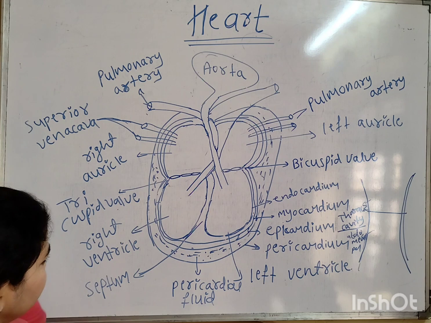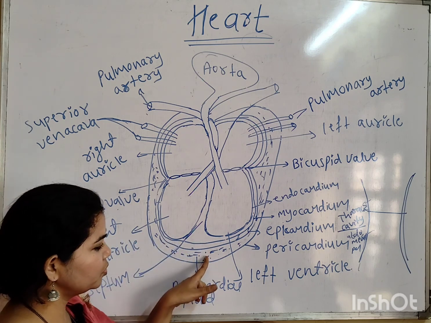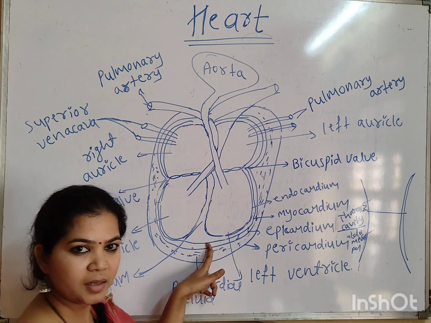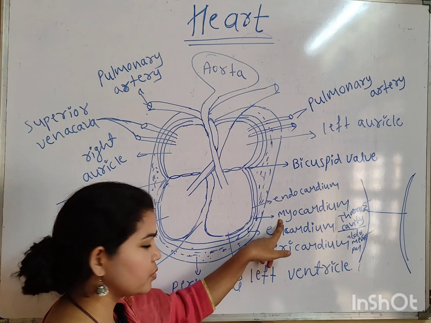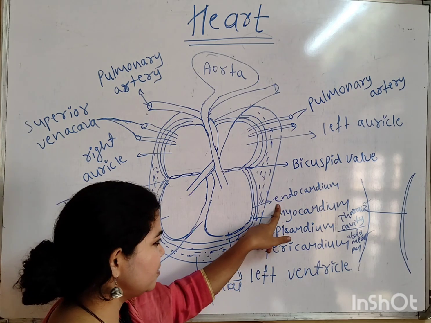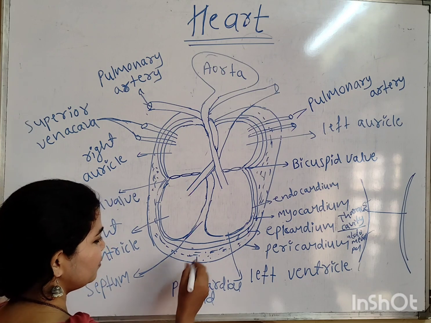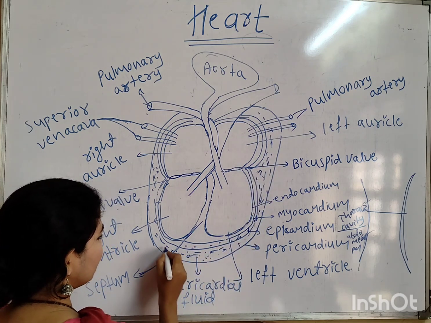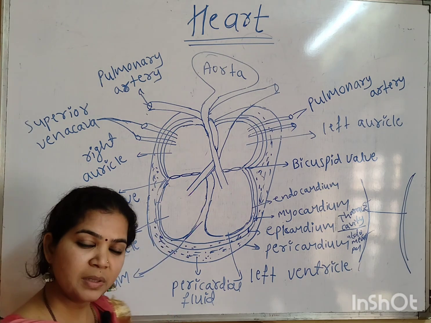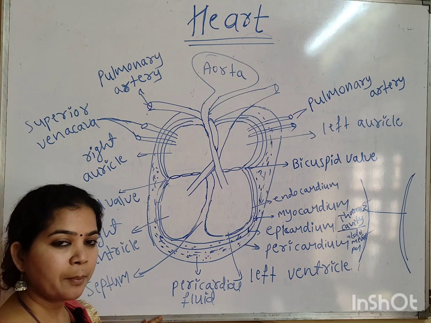As I told you, there are 4 layers in the heart: pericardium, epicardium, the middle one called myocardium, and the completely inside layer called endocardium. In between these layers, can you see this liquid-like substance? That is called pericardial fluid.